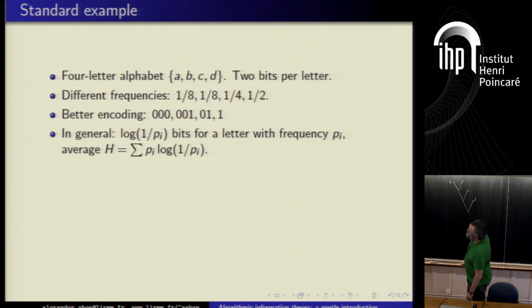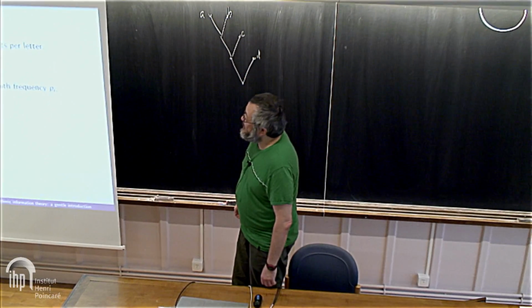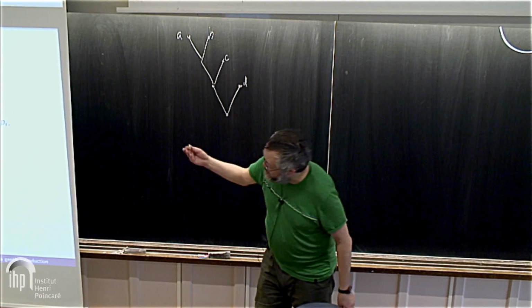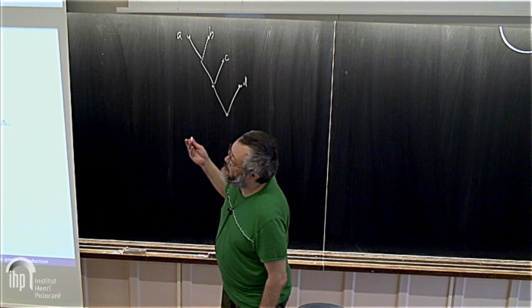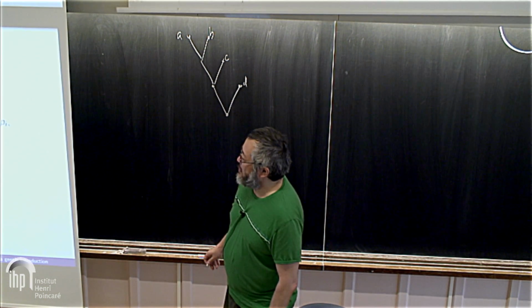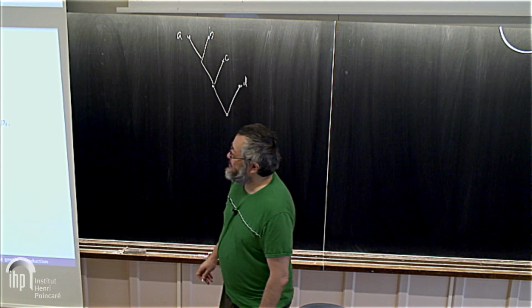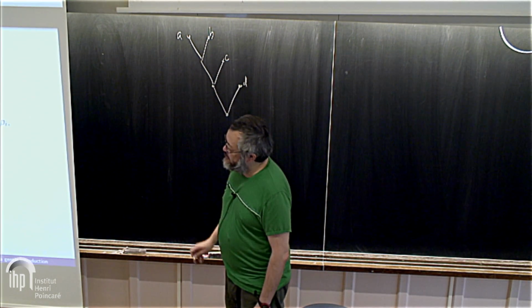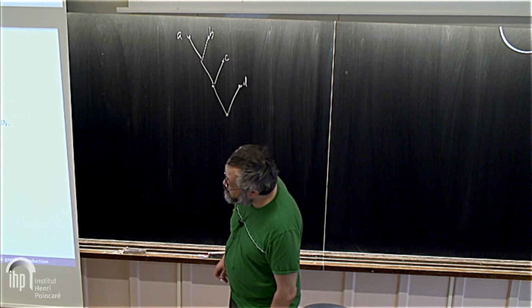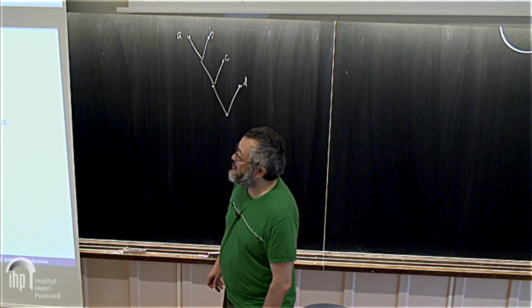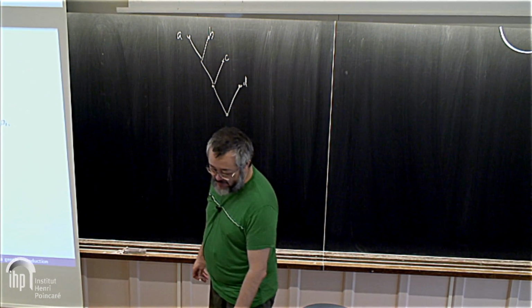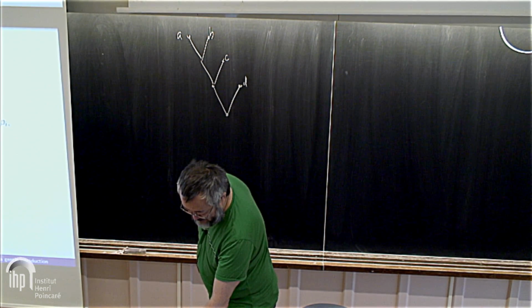For a letter with probability p_i, we have log of 1 over p_i bits, and it's for frequency, not probability, just one string. So the average number of bits per letter is this entropy, and of course it's all true if p_i is a power of 2, otherwise we need rounding.